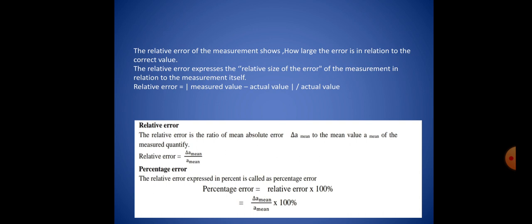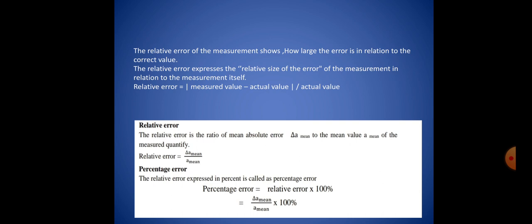Now if we want to express this relative error in percent, that gives us the percentage error. Therefore, the percentage error is equal to relative error into 100%. And the relative error formula we already know, which is delta a mean upon a mean into 100%.